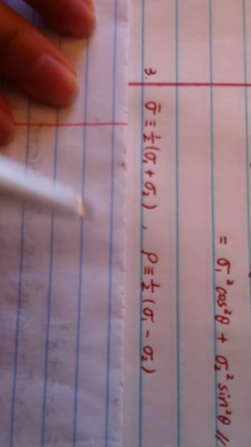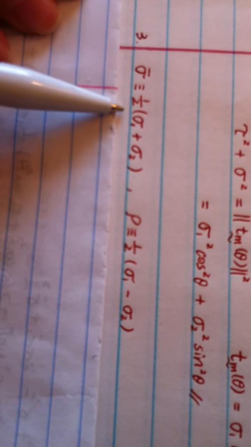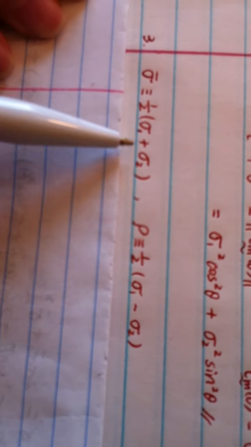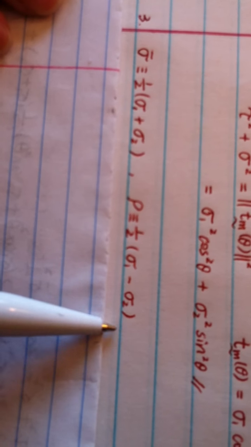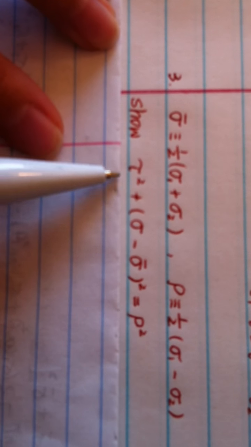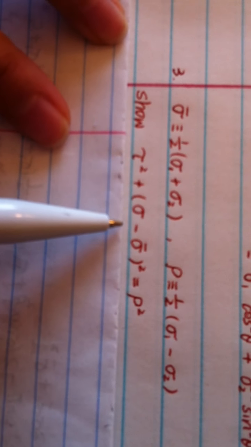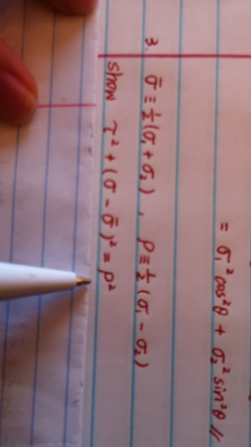Step 3, we are given that sigma bar is half of sigma 1 plus sigma 2, and rho is half of sigma 1 minus sigma 2. It asks us to show that tau squared plus sigma minus sigma bar squared equals rho squared.